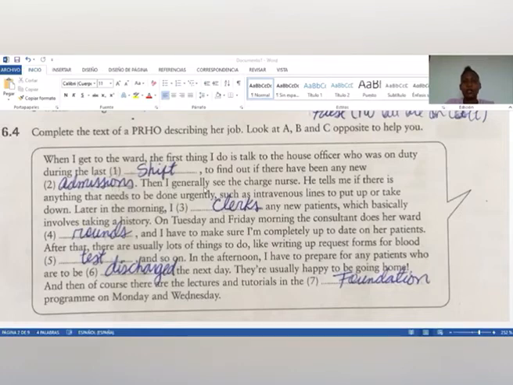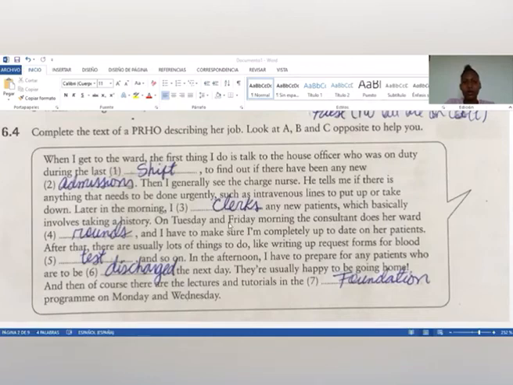Then I generally see the charge nurse. He tells me if there is anything that needs to be done urgently, such as an intravenous line to put up or take down. Later in the morning, I clerk any new patients, which basically involves taking a history.